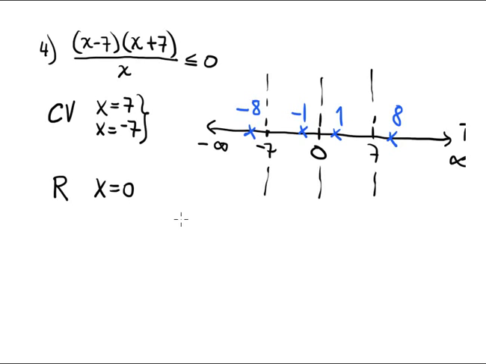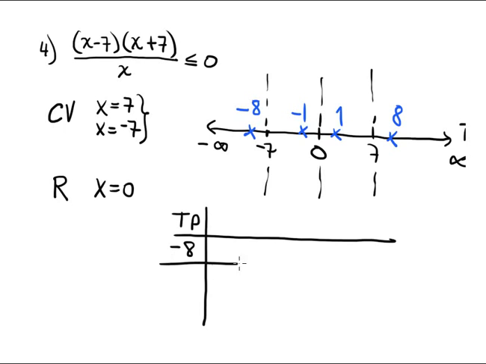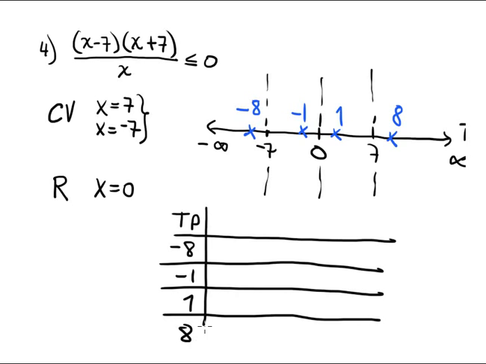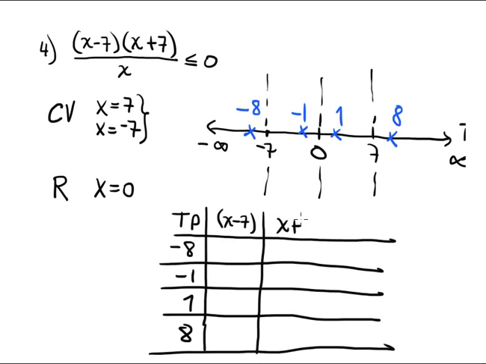Okay, the chart, TP, negative 8, negative 1, positive 1, and 8. The factors, x minus 7, x plus 7, and x, and total.